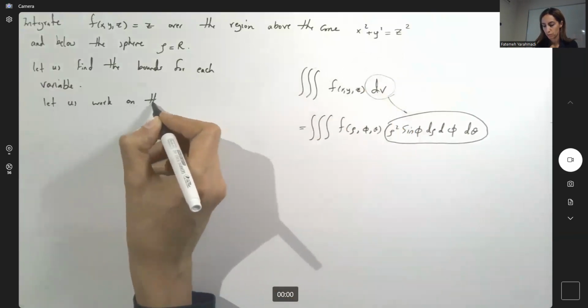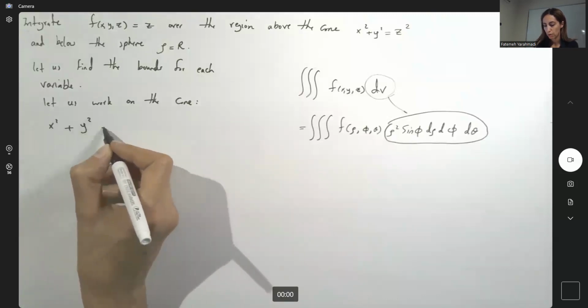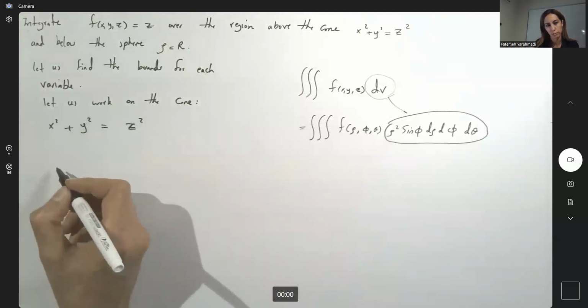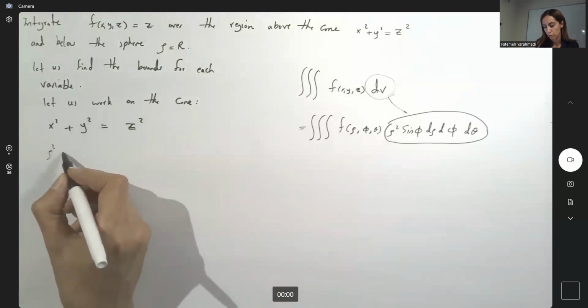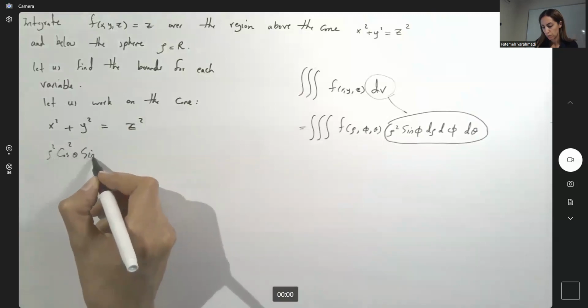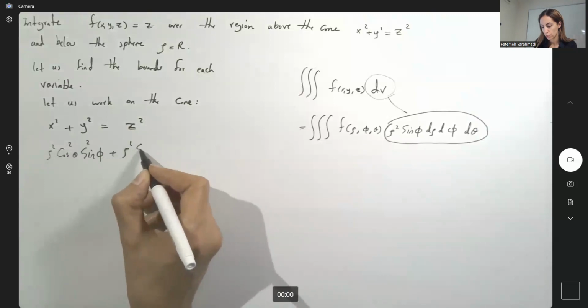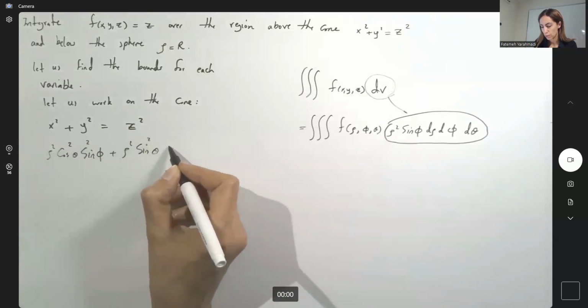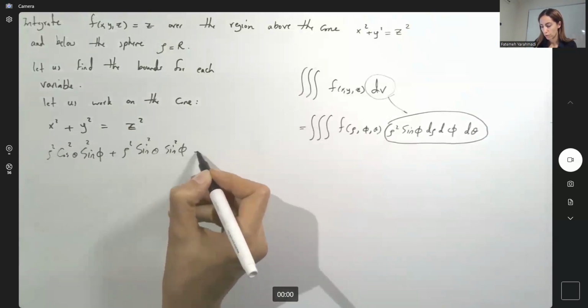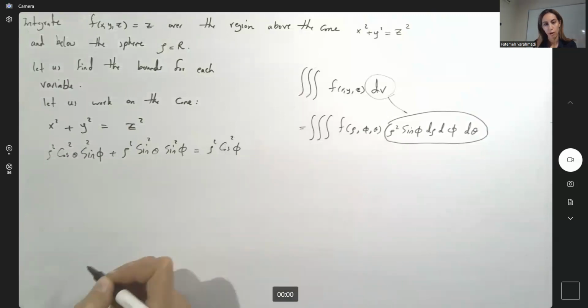Work on the cone. You have x squared plus y squared equals z squared. So basically you have rho squared cosine squared theta sine squared phi plus rho squared sine squared theta sine squared phi equals rho squared cosine squared phi.